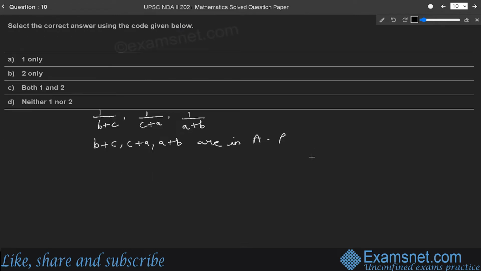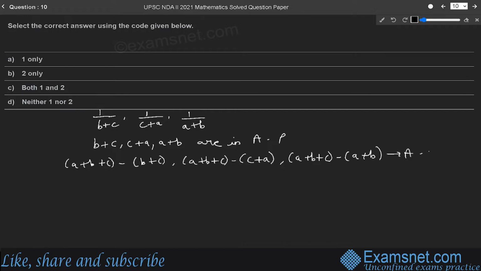Now, it also means that A plus B plus C minus B plus C, A plus B plus C minus C plus A and A plus B plus C minus A plus B are also in AP.